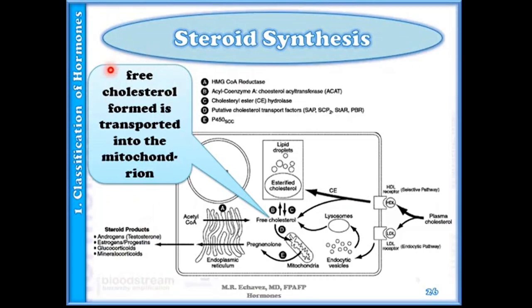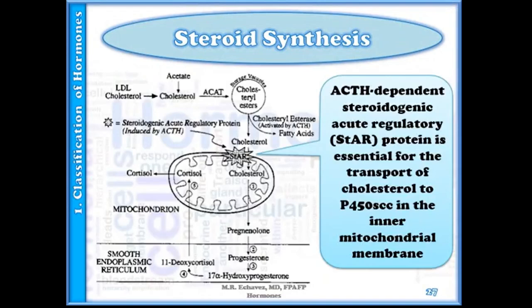Now, this free cholesterol is then transported inside your mitochondria. Why there? Because that is where your cytochrome P450 side chain cleavage enzyme is located, in your inner mitochondrial membrane.